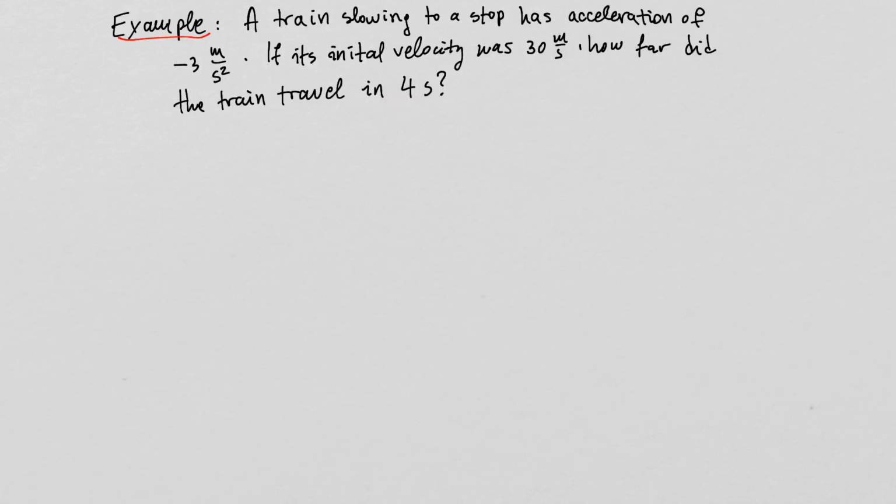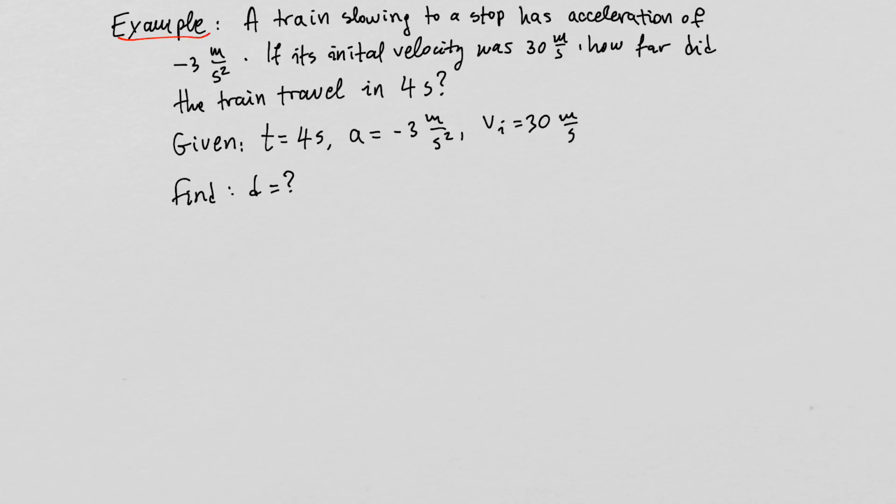Let's list the known and unknown quantities in this problem. We know the time of slowing down, which is 4 seconds. We know the acceleration, which is -3 meters per second squared. We know the initial velocity, which is 30 meters per second. And what we're looking for is the distance that the train traveled within those 4 seconds.